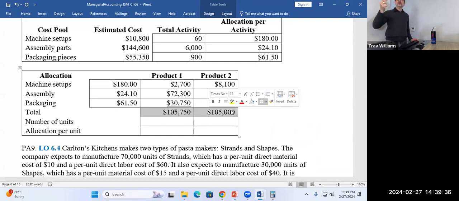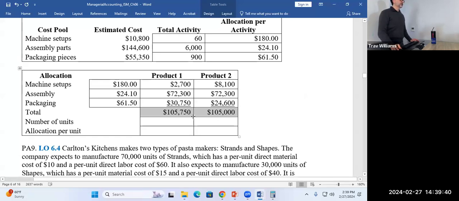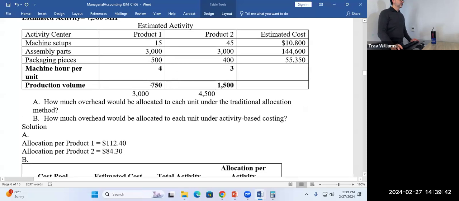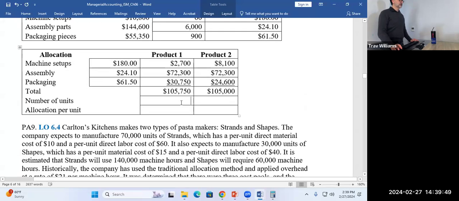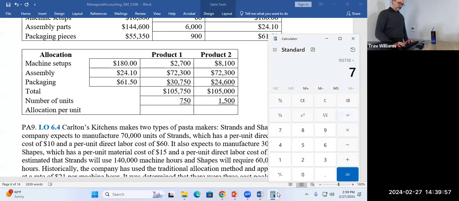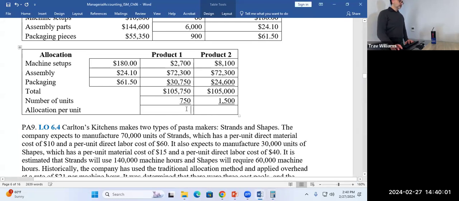But to get it down to a cost per unit, we need to divide by the number of units. So we're planning to make 750 units of product 1, 1,500 of product 2. So once we divide, we get $141 of overhead cost per unit for product 1.